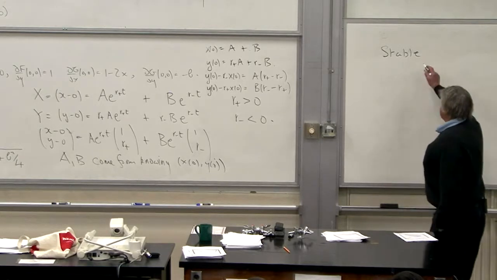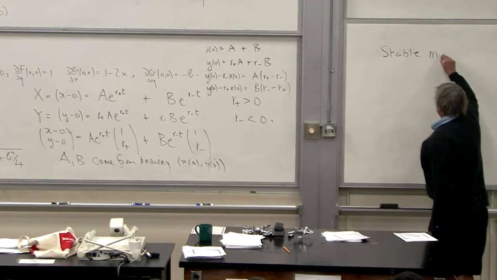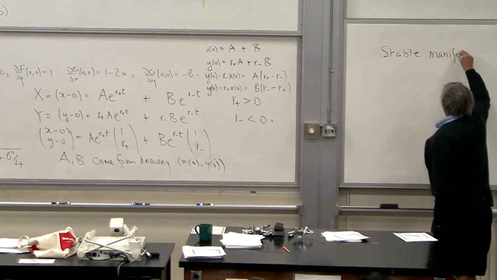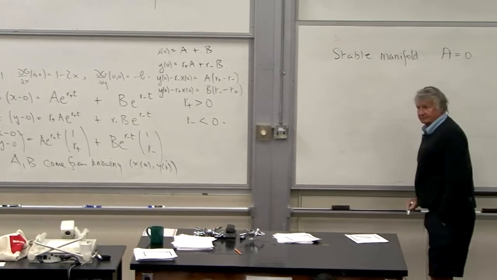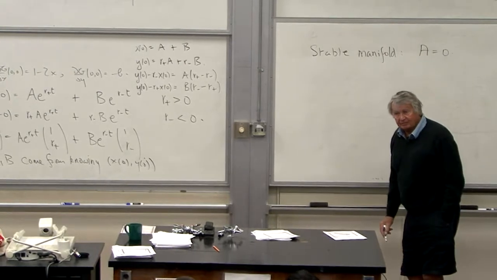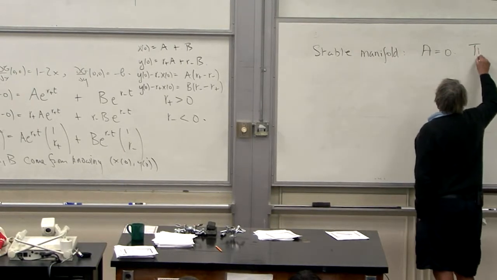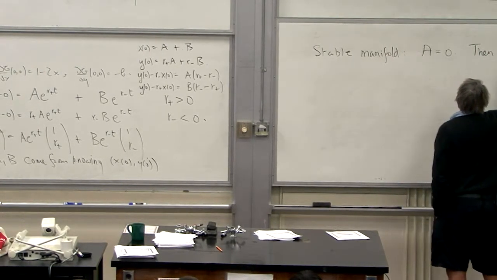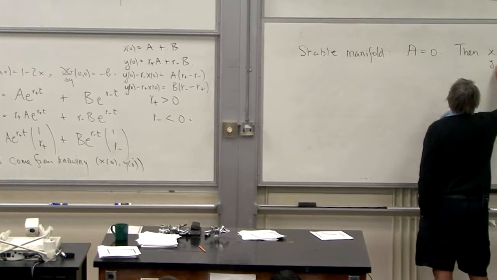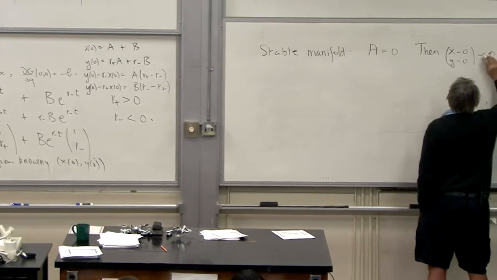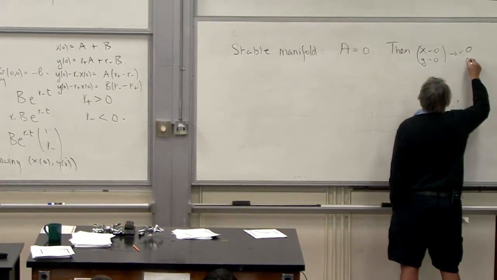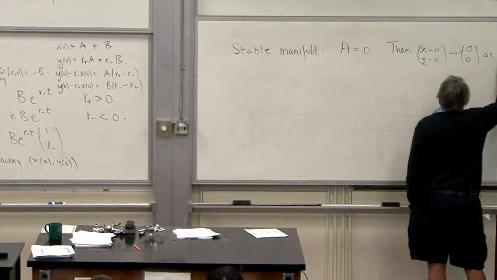So, the stable manifold is given by A has to be 0. Right? Because then x minus 0 and y minus 0 tends to 0, 0, as t goes to plus infinity.